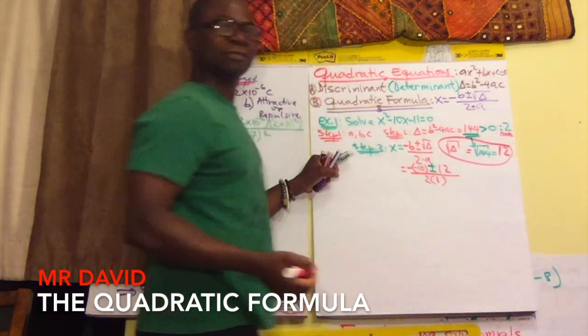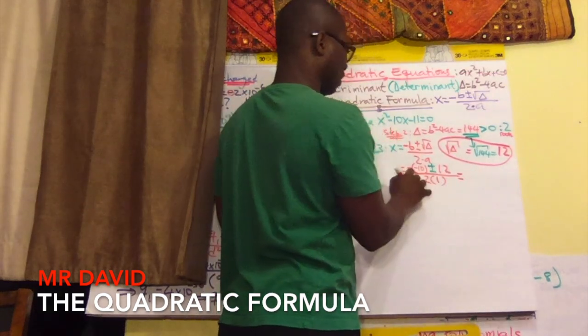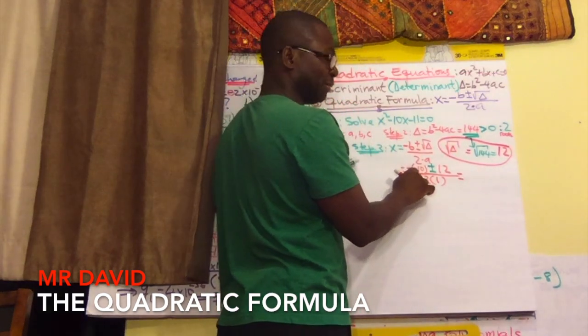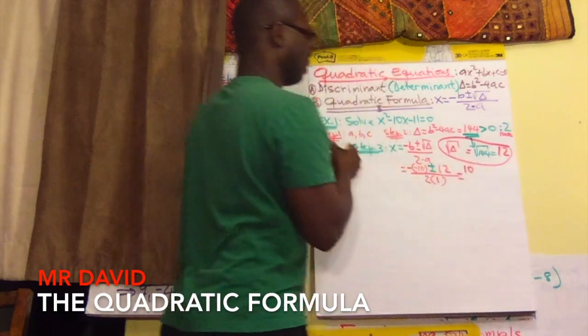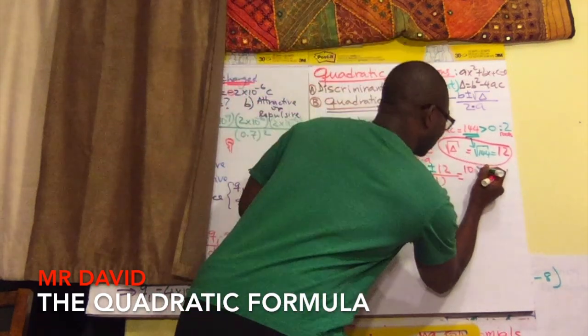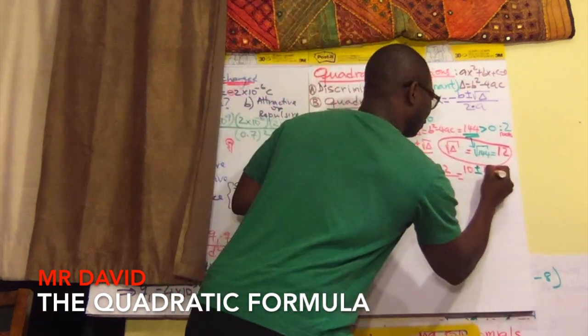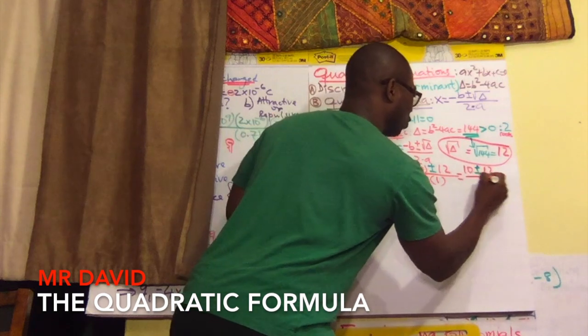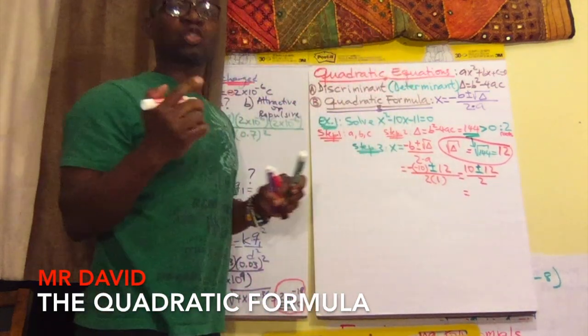Now let's see if we can simplify this. Negative times negative 10 is positive 10. So it gives us 10 plus or minus 12 over 2 times 1. What is 2 times 1? It's 2. So that gives us two answers.